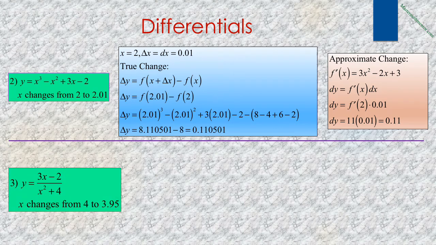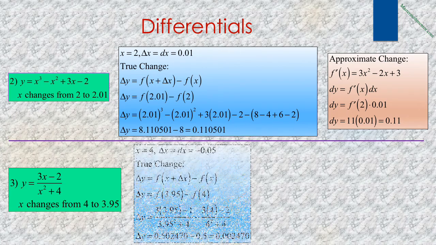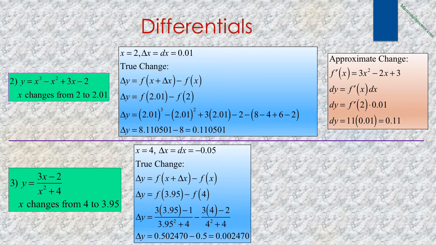In number 3, we have y equals 3x minus 2 over x squared plus 4, and we would like to find the true change and approximate change as x changes from 4 to 3.95. We have x equals 4, delta x equals dx, which is negative 0.05. Our true change is delta y, which is f of x plus delta x minus f of x, or f of 3.95 minus f of 4.